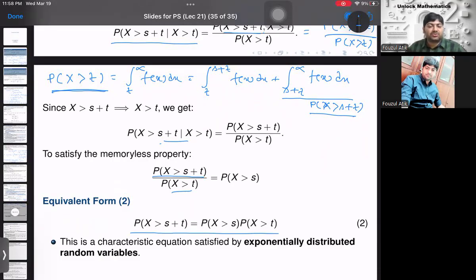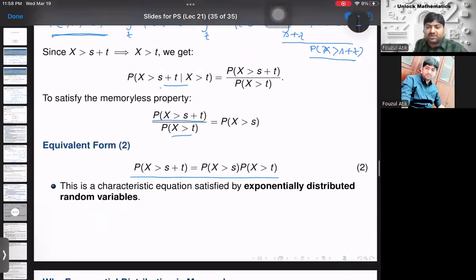Now we can also show that our exponential random variable follows this property. How can we show it? For the exponential random variable, take any k, any positive real number. What is its probability?